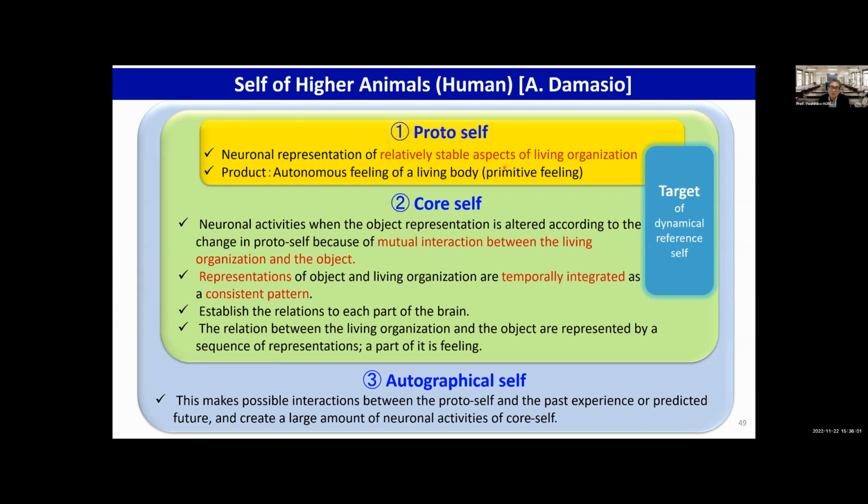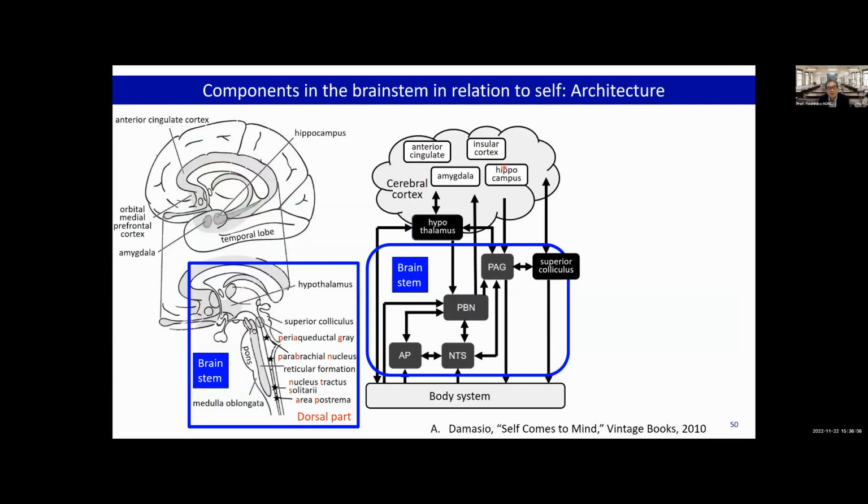So how should we implement this as hardware? Okay, let's look at the brain. It is known that lower-level selves are realized in the brainstem, especially the dorsal part of the brainstem.